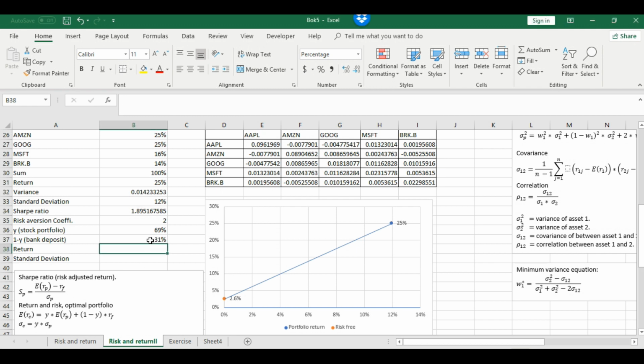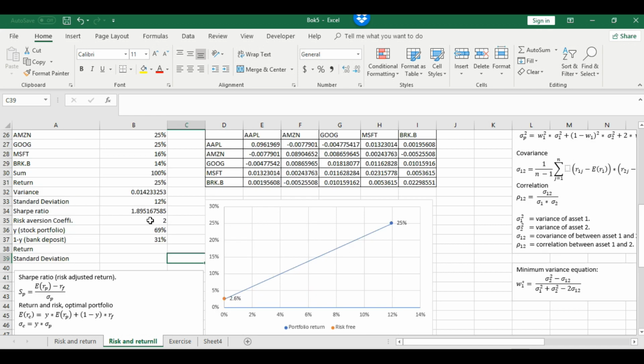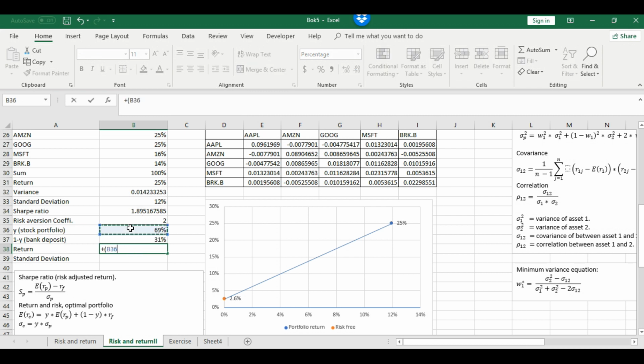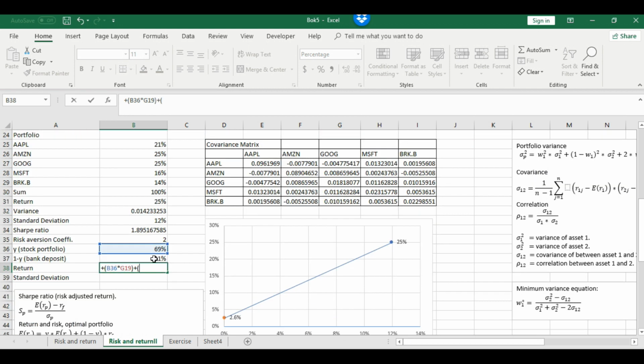We will use this formula to calculate the return and the standard deviation of the optimal portfolio. So for the return, you take the weight in the S&P 500 multiplied by the expected return plus the weight in the bank deposit multiplied by the risk-free rate.